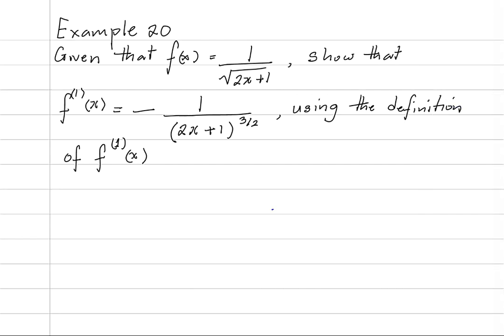By first principle, we have what? f of x plus h, because f of x is equal to 1 over the root of 2x plus 1, is equal to 1 over the root of 2 times x plus h plus 1.